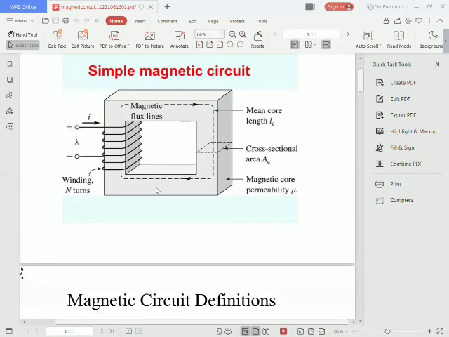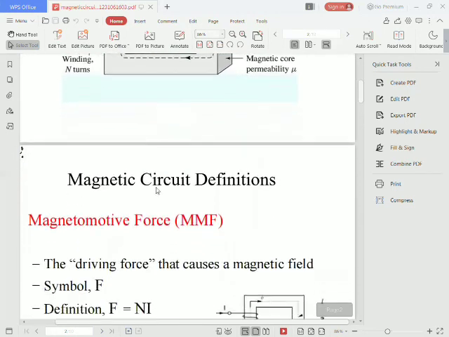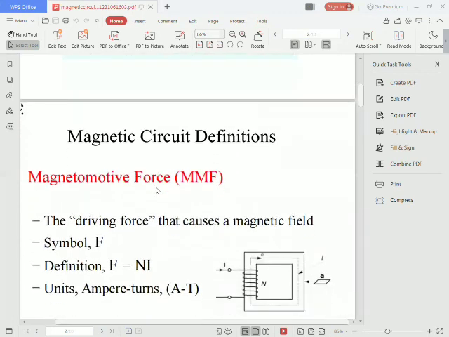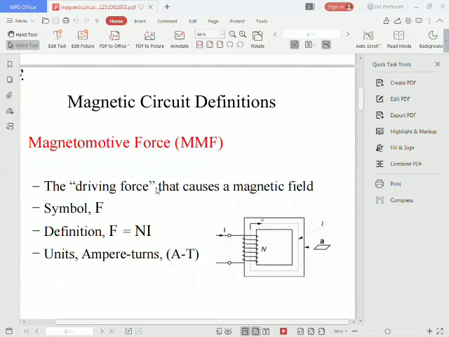Then we will deal with the magnetic circuit quantities definitions. The first quantity of the magnetic circuit is magnetomotive force, that is MMF. We know that in the electric circuit, the electrons flow due to the electromotive force, that is EMF. On the same line, we can define the magnetomotive force, that is MMF, for a magnetic circuit.